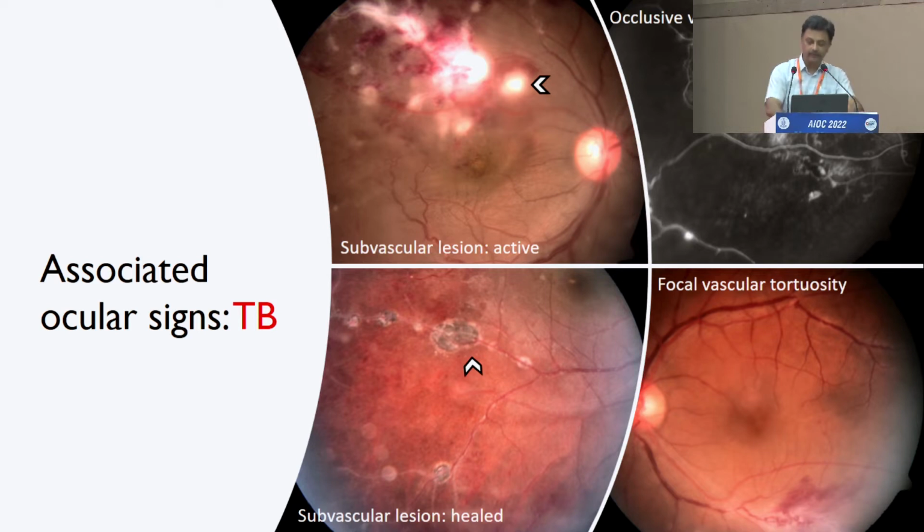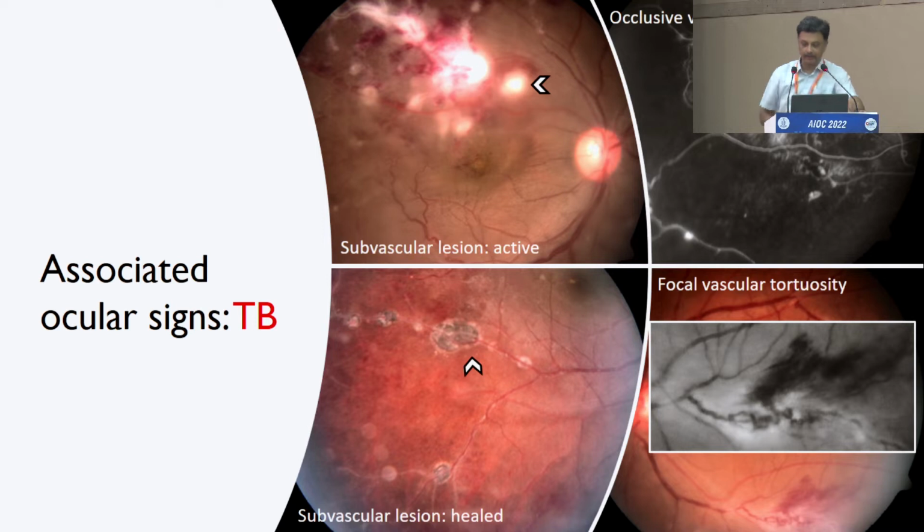The other feature that we have recently described is the presence of this focal vascular tortuosity, which unfortunately is pretty low down in the image, not very well seen. But if you see the red-free photo, you can appreciate the tortuosity of the vessel inside this area of perivascular infiltrate. These are the features we have found in a TB endemic population could be suggestive of tubercular retinal vasculitis.